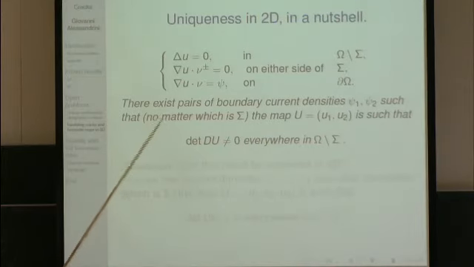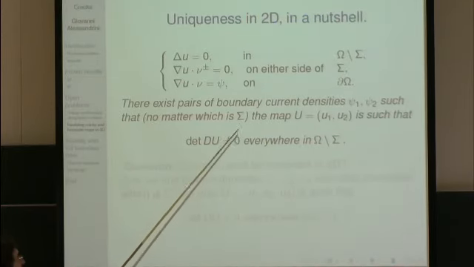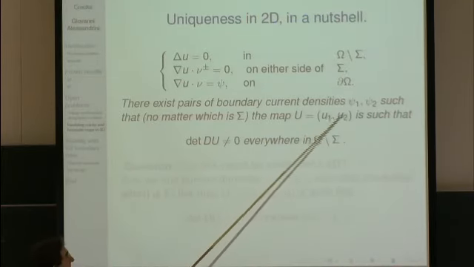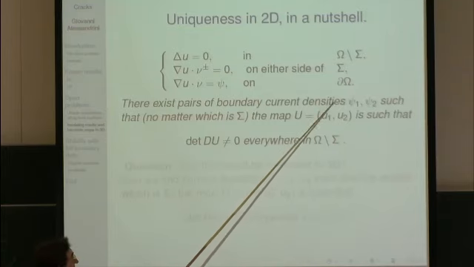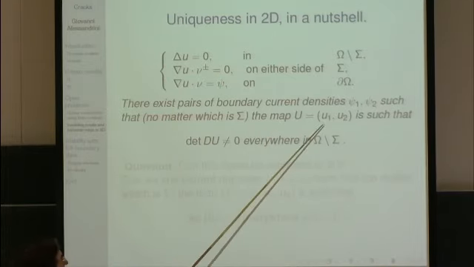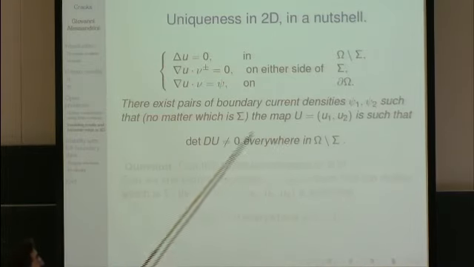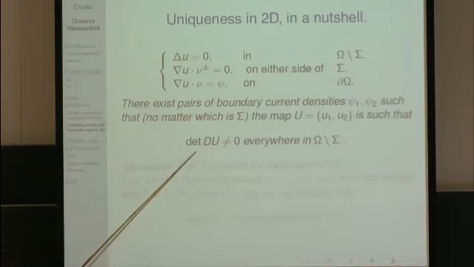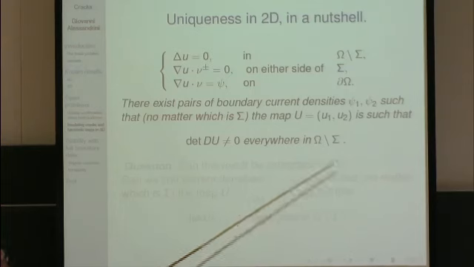And the point is that what we can prove in 2D is that we can find a wealth of choices of pairs of current densities, psi1 and psi2, such that if I consider not a single solution but the pair of solutions as a map, then the Jacobian determinant of this map is nowhere 0 in omega except sigma. This is the crucial point of the result of uniqueness in the two-dimensional case.